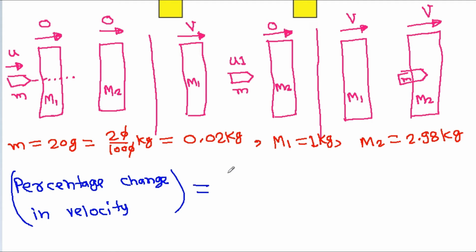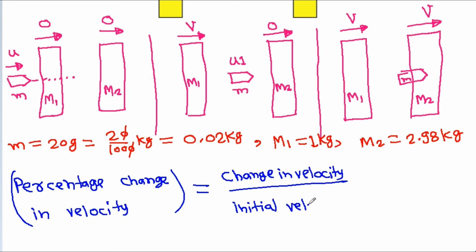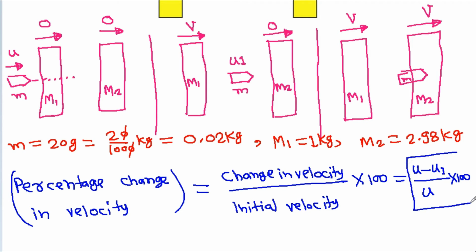So it will be equal to change in velocity by initial velocity into 100, and change in velocity is u minus u1. It is (u minus u1) by initial velocity u, into 100. So we have to find the value of this.